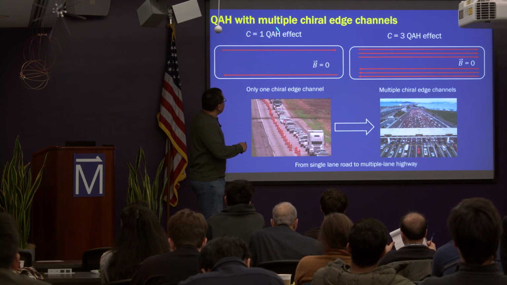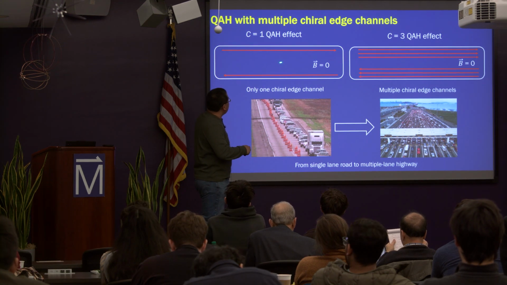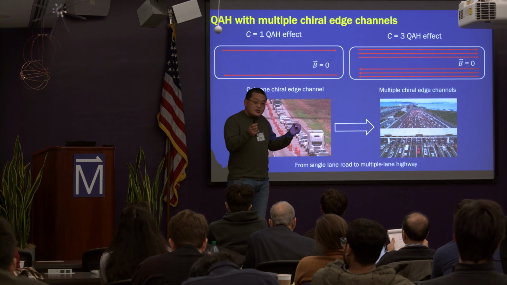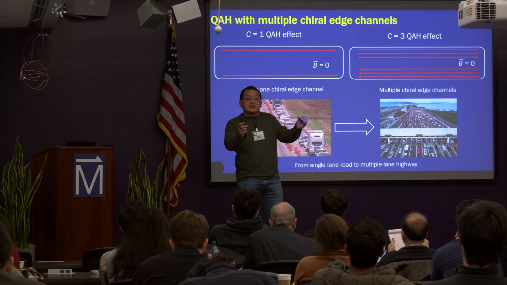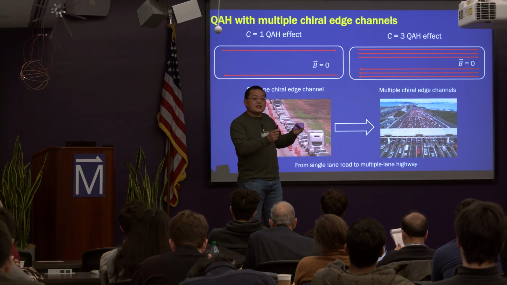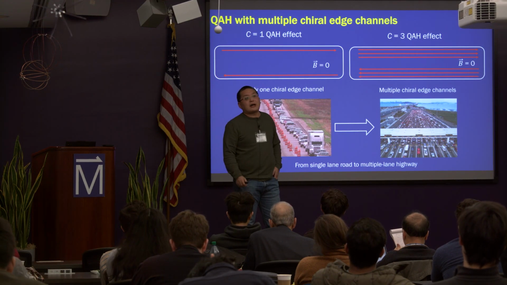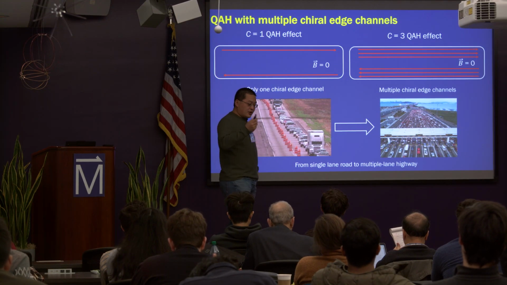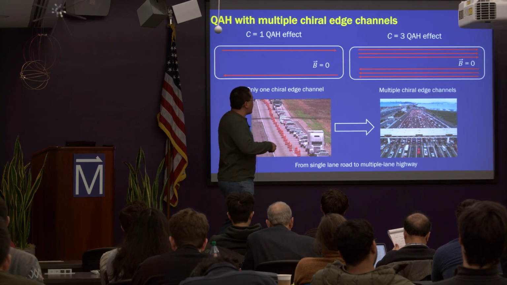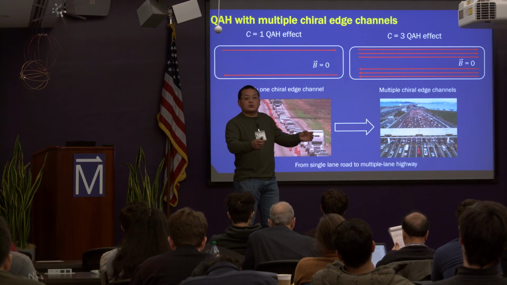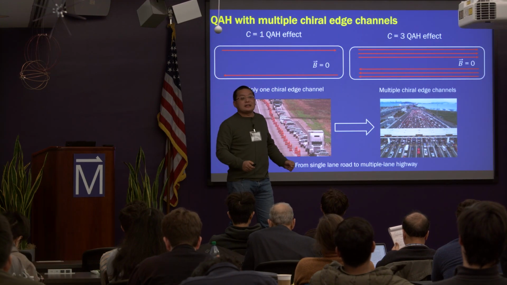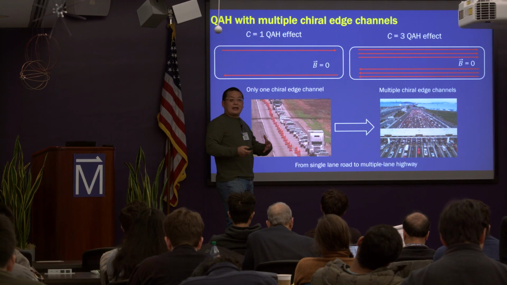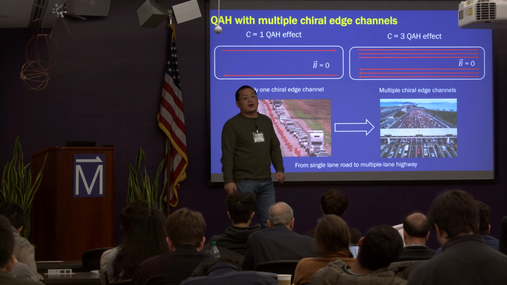For example, in the C equal to 1 quantum anomalous Hall insulators, the chiral edge channel is dissipationless, but the resistance is still formed at the contact areas. From the contact to the chiral edge channels, it's just like you drive a car from downtown to the highway: if there is only one lane, it still takes you a lot of time.